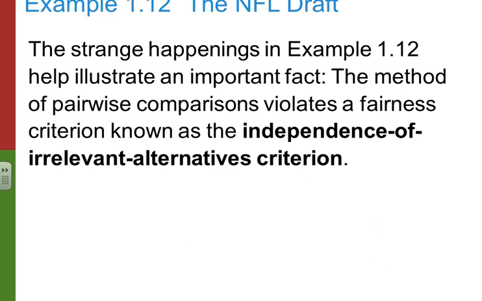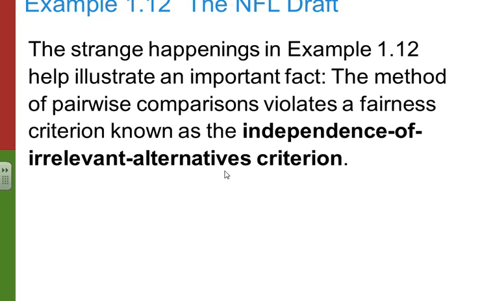The strange happening in example 1-2 helps to illustrate the fairness criterion called the independence of irrelevant alternatives criterion. This is why you get a second opinion on your test, because clearly your first choice probably would not be that one, and that might be the right answer.